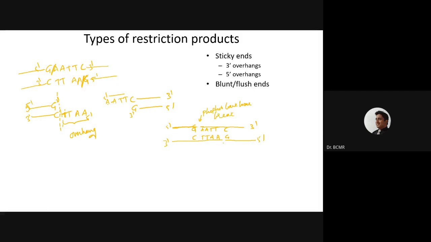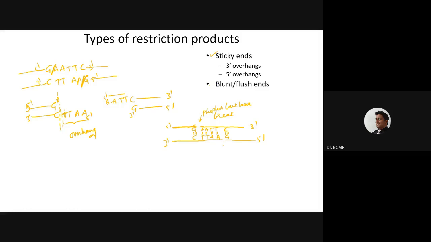The discontinuity that I'm putting here is the discontinuity in the phosphate backbone. So they still can be held together by the hydrogen bonds between these two. There are about 8 hydrogen bonds, so they can be held together for a while based on the conditions, of course. Because they can base pair like this, they are referred to as sticky ends.